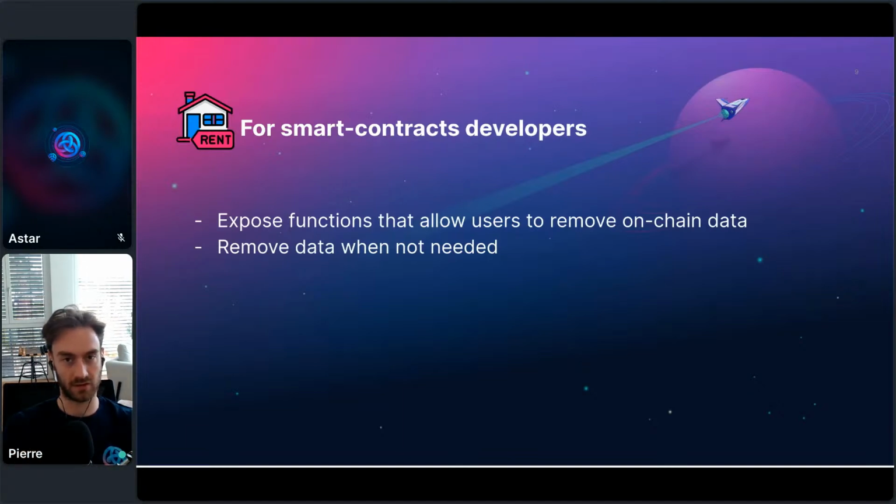Let me give you an example. For a lottery contract, you have rounds, and it's great that at the end of every round, you delete every piece of data that was needed for this round.